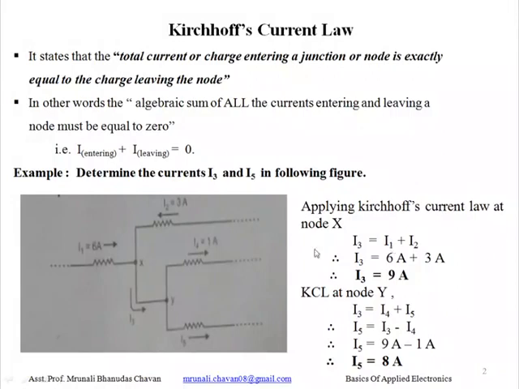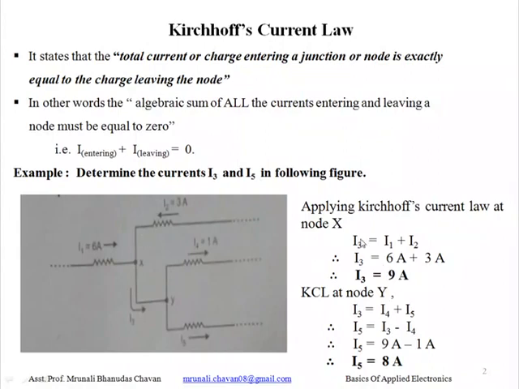Now, one question may arise to all of you, that is algebraic sum. Algebraic means what? Actually, the incoming currents are taken as positive and leaving currents are taken as negative.